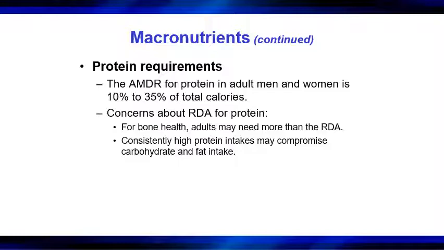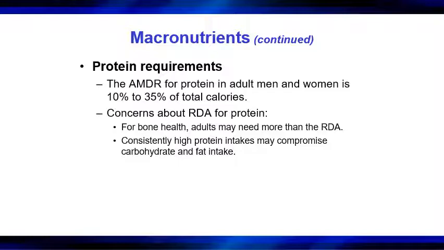For younger children, particularly ages 1 to 3, they recommend about 5 to 20%. They recommend 10 to 30% of the total calories for children 4 to 18 years of age. So again, there's some variation there. Now, the average consumption is about 15% for adult men and women.